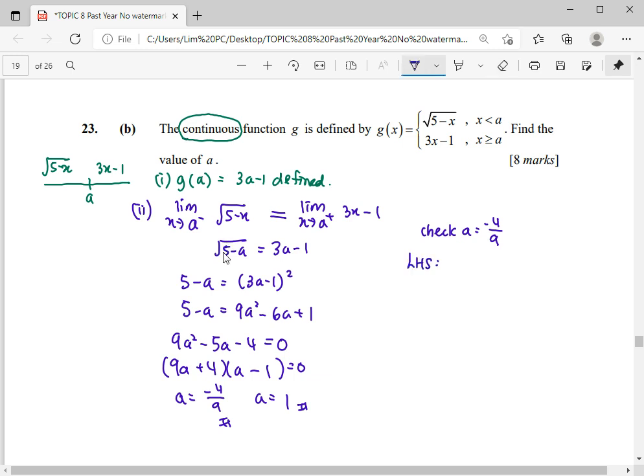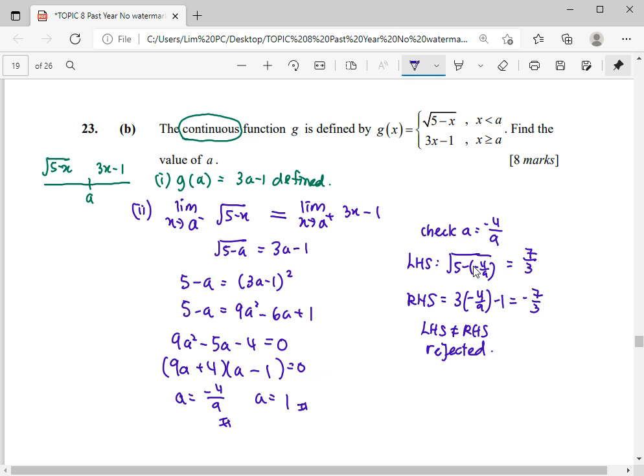Is the left hand side square root of 5 minus a, then the right hand side. So we can notice here, this is our left hand side 7 over 3, our right hand side negative 7 over 3. So definitely the left hand side does not equal the right hand side. This answer will be rejected.